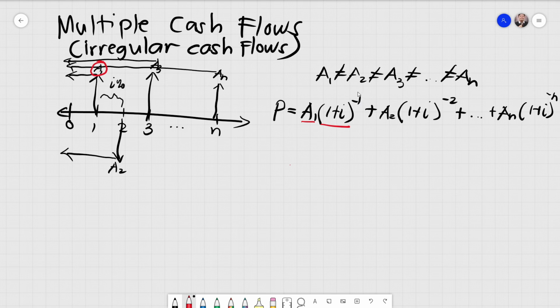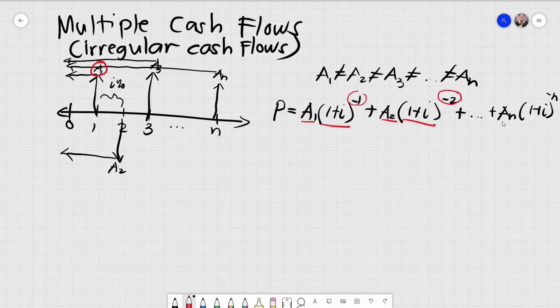Itong negative 1, this is just simply the difference between 0 and 1. So 0 minus 1 and so on. So sa A sub 2, yung exponent ng 1 plus I is 0 minus 2. So that is negative 2 and so on hanggang sa nth cash flow.